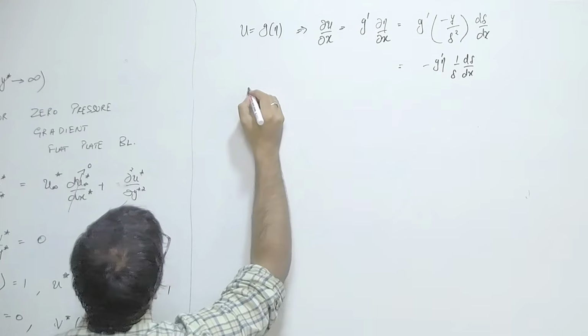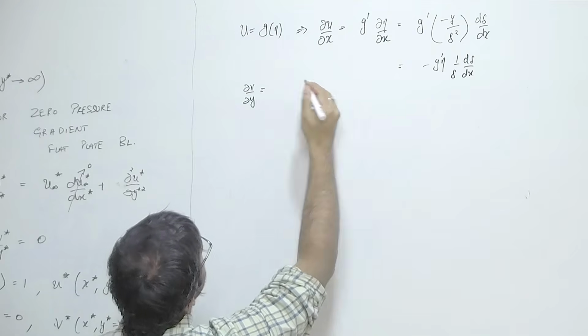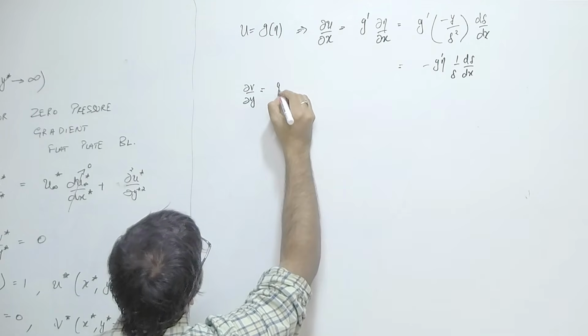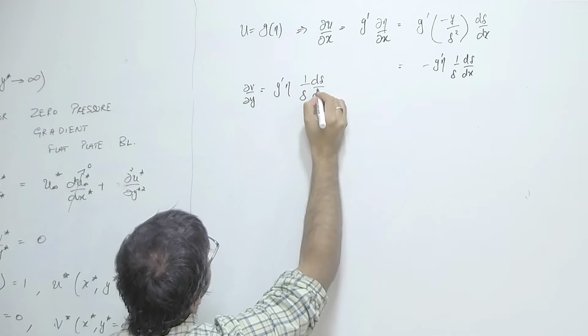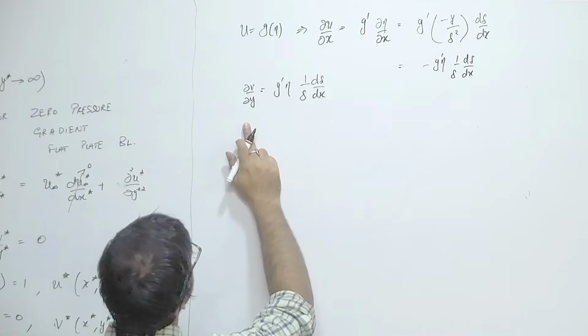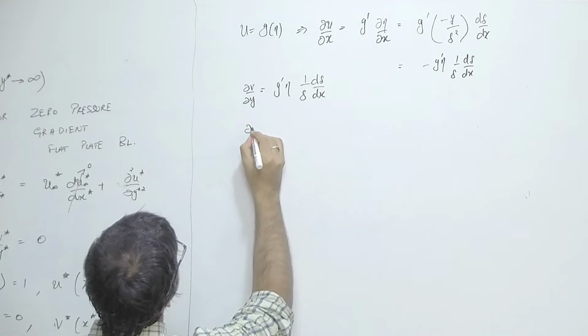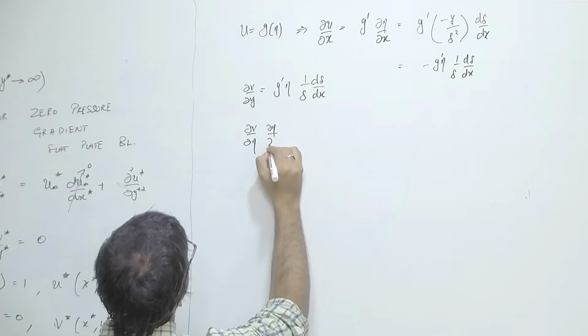From continuity, we know that del v by del y should be equal to minus del u by del x, which is minus of this: g prime eta 1 by delta d delta over dx. I can change the variables on the left hand side by writing it as del v by del eta times del eta over del y.